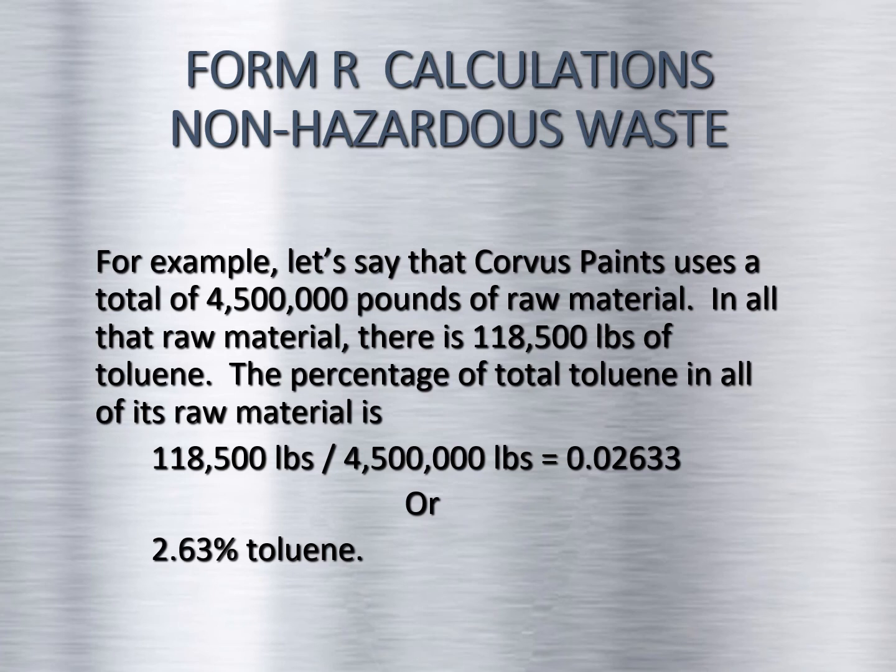Here's an example. If your facility uses 4.5 million pounds of paint, and the paint has 18,500 pounds of toluene, and toluene is a listed chemical, then divide the two, and you'll find that your raw material is 2.63% toluene. From this point, we must make the assumption that the waste also contains 2.63% toluene.